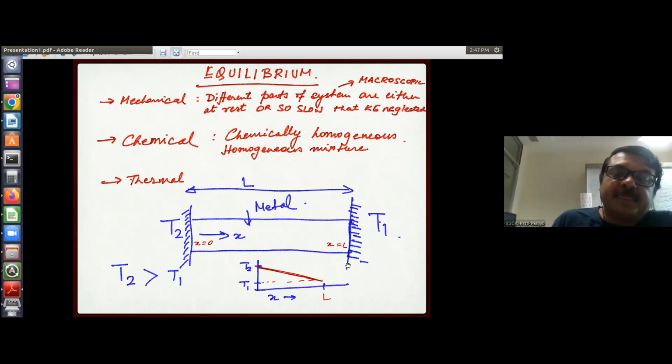So statistical mechanics, or equilibrium statistical physics, is what we will be discussing in this course.